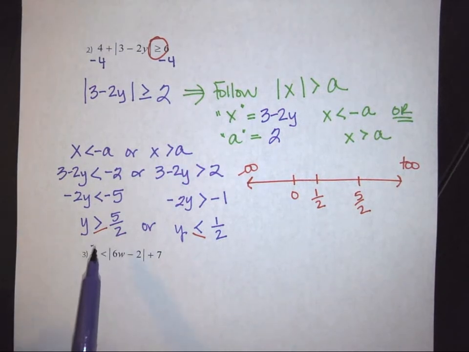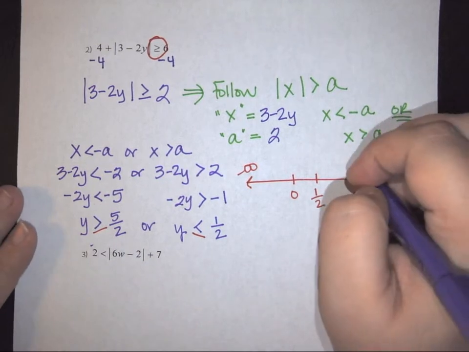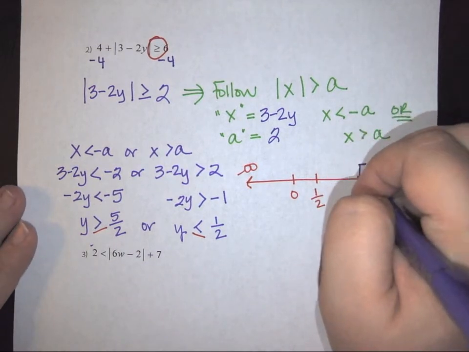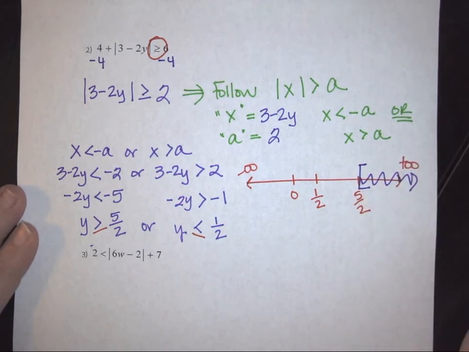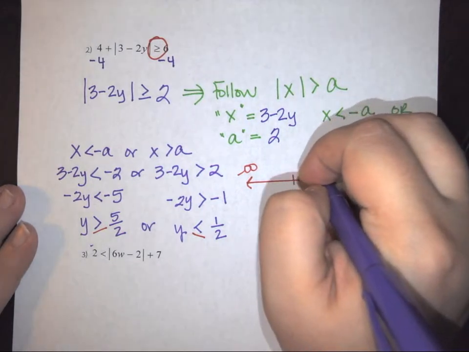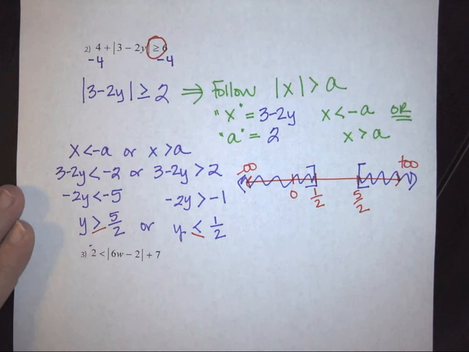So my first one says that y is going to be greater than or equal to 5/2, so that means a bracket. So I'm going to bracket around my 5/2, and I'm going to go off to the positive. And then my other one says I'm less than or equal to 1/2, so again I'm going to bracket, and I'm going to shoot off down the other side.